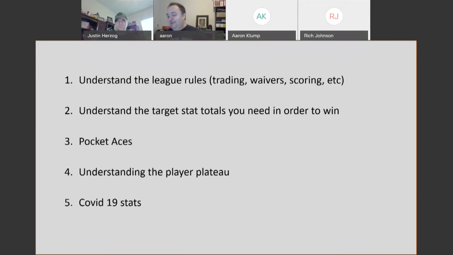You'll have that, and more power to them, that is fantastic. But for the most part, by and large, players' performance starts going down after the age of 30. So when you start ranking your players and predicting their stats for the year, take their age into account.